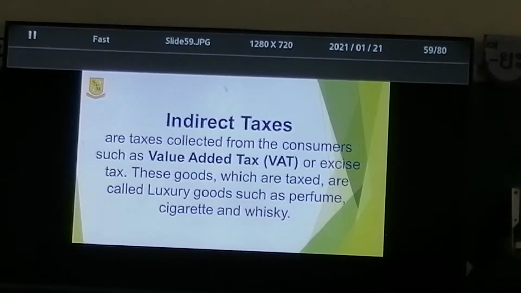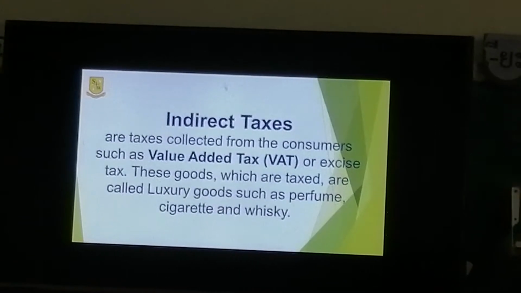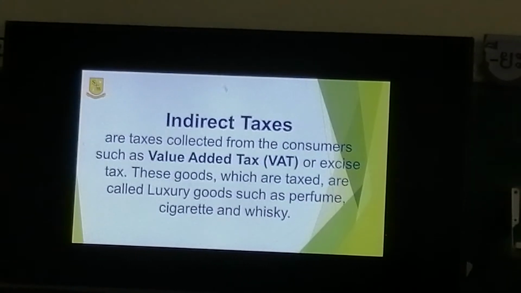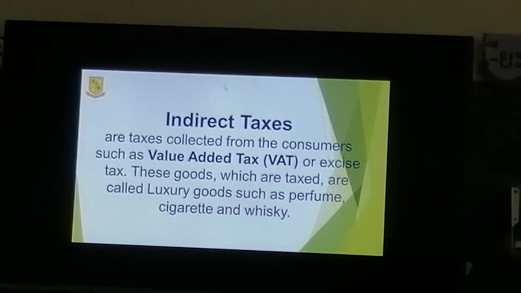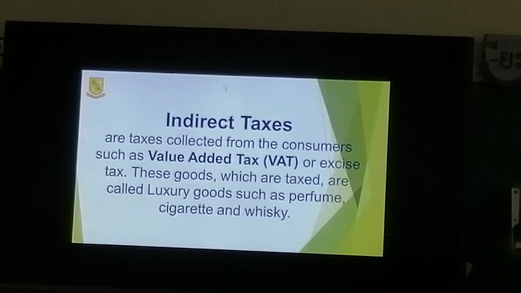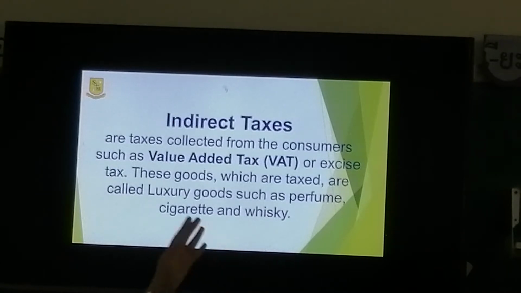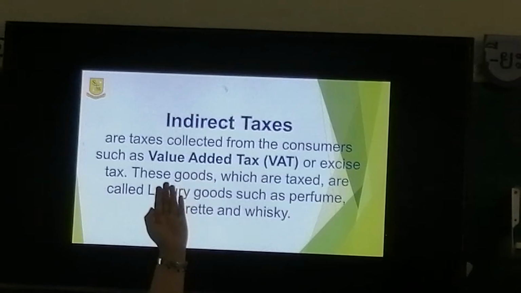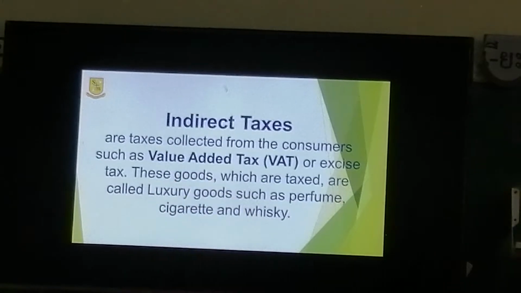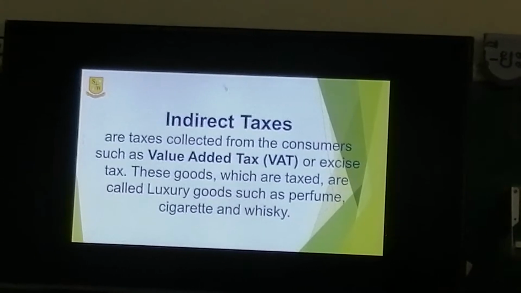Okay, next. We have indirect taxes. Indirect taxes are from the consumers. What is a consumer, children? Consumers are the people. We are consumers. We buy products. That's why it's the indirect tax, or value added tax, or VAT. The VAT is in the products that we buy.